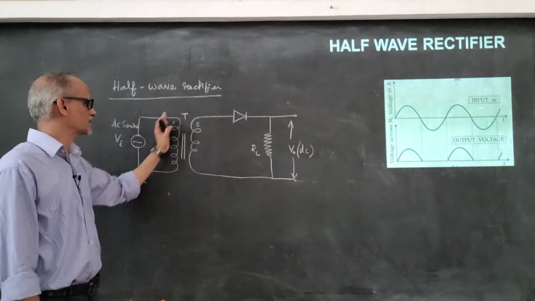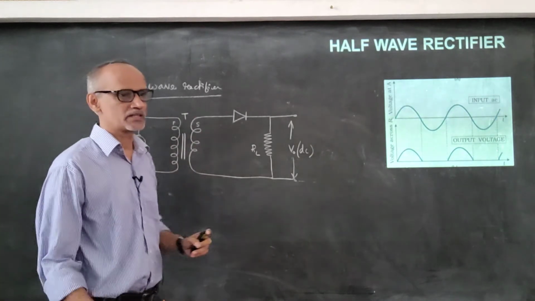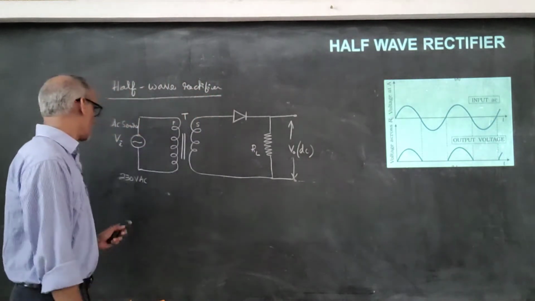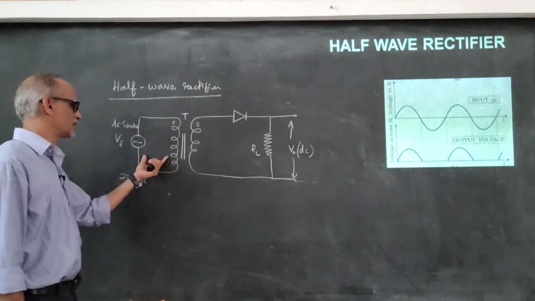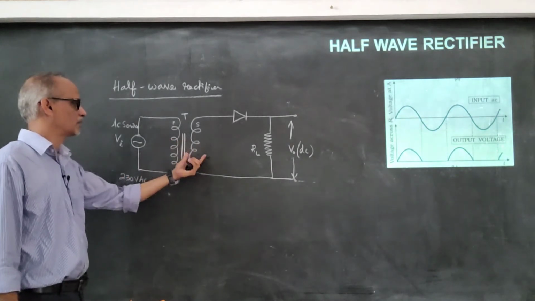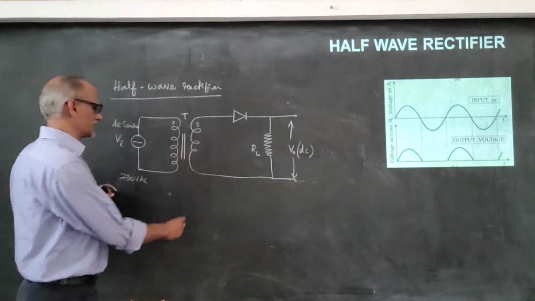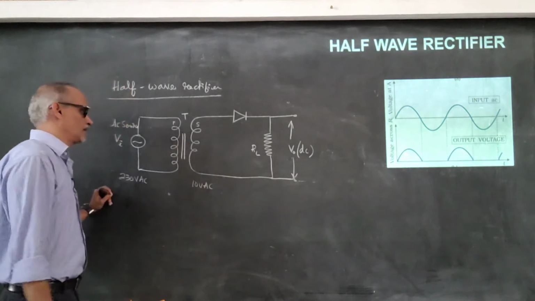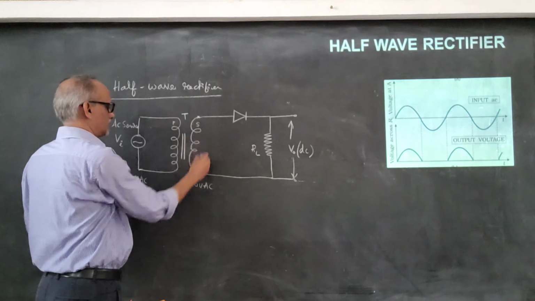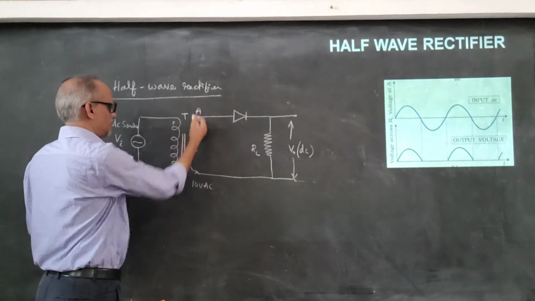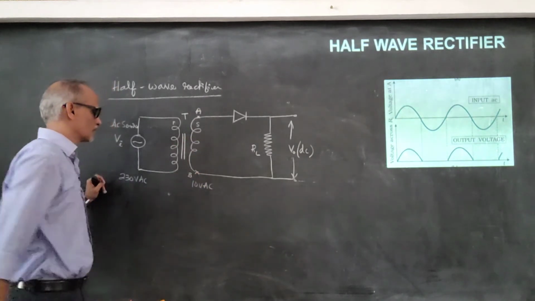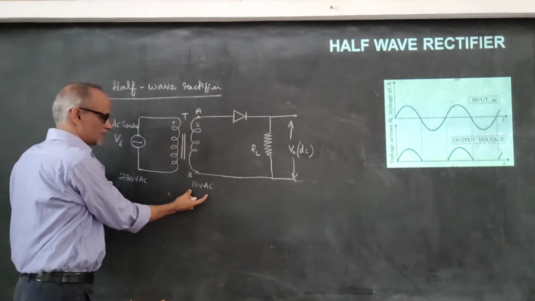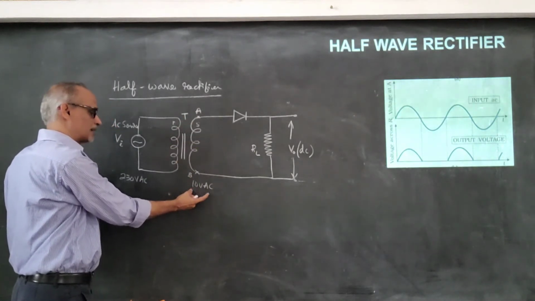Why? Because we are using a step down transformer. In a step down transformer, the voltage decreases. So if 230 volt AC is applied here, we get a lesser voltage, and as an example, let's take 10 volt AC, and these terminals here I am going to consider as A and then B. So across AB what we get is a lesser voltage, which is again alternating.